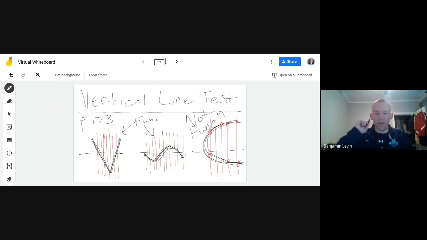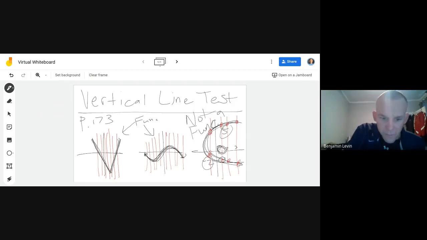If I input the number 1, I can only get one output. Well, let's say this is 1 right here. 1, 2, 3. If I input the number 1, I get 2 different outputs. I get -2 and I get 5, right? So for one input, I got 2 different outputs. That's why it's not a function. And that's why the vertical line test works.